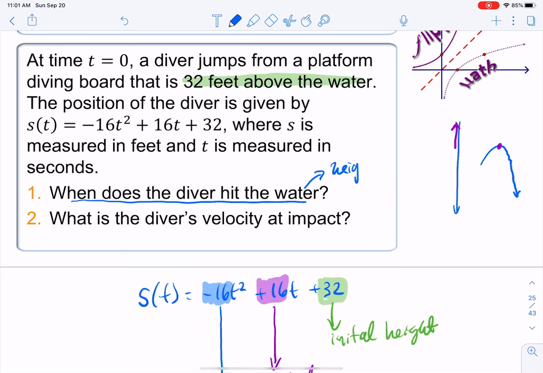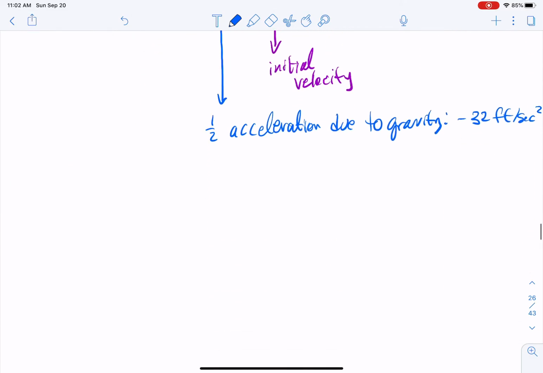Remember that the S of t is some sort of height, and we're starting at 32, and that height is going to decrease until we hit the water, and the height of the diver is going to be 0. So that's the setup for the first one. S of t is equal to 0, which is why the first question is basically an algebra question.